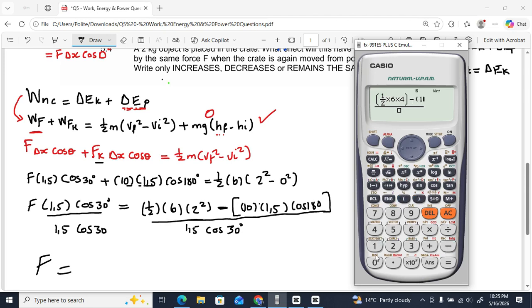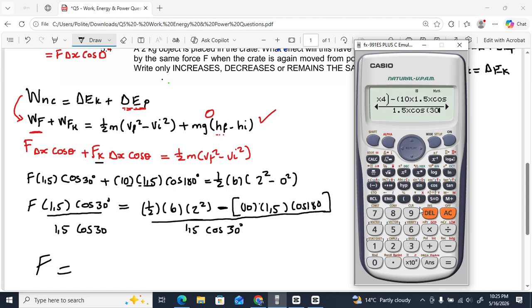I have 10, which is multiplied by 1.5. Close the bracket. Okay, this is multiplied by 1.5. Then close the bracket. Oh, not yet. Let's multiply that by the cos of 180 and see what we get. Okay. Now I can close the bracket. Everything is divided by 1.5, which is multiplied by the cos 30.